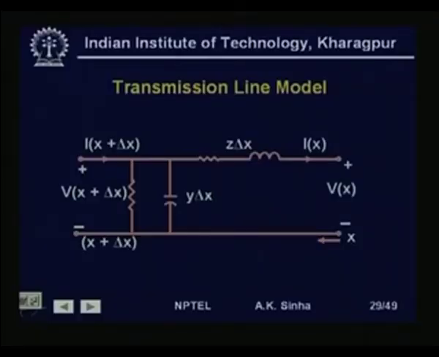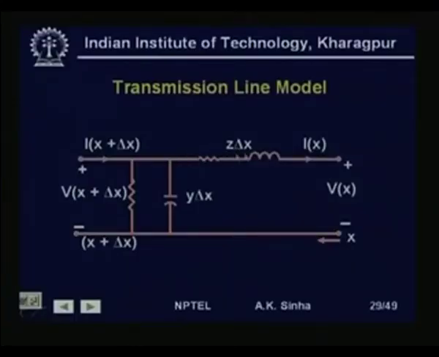So, we have a model of the transmission line where we have resistance and inductance per unit length of the line and a capacitance per unit length of the line. So, we will have basically a distributed parameter model of the transmission line, that is, the resistance and inductance are in series and the capacitance is in the shunt, and this will be there for per unit length of the line.